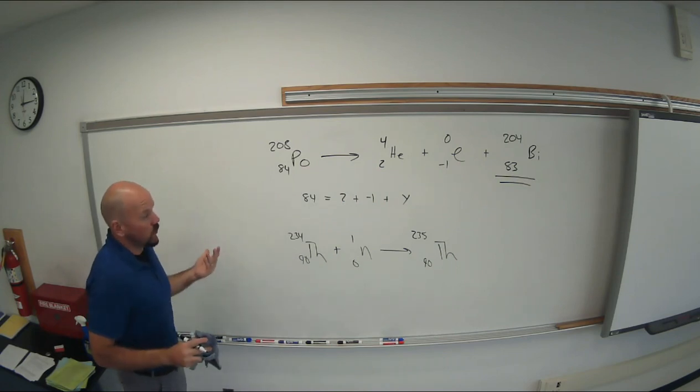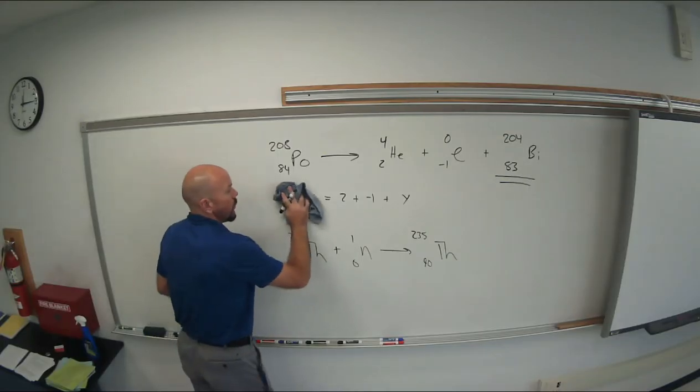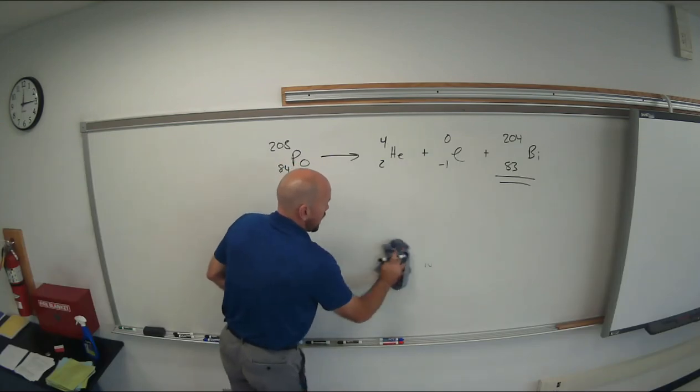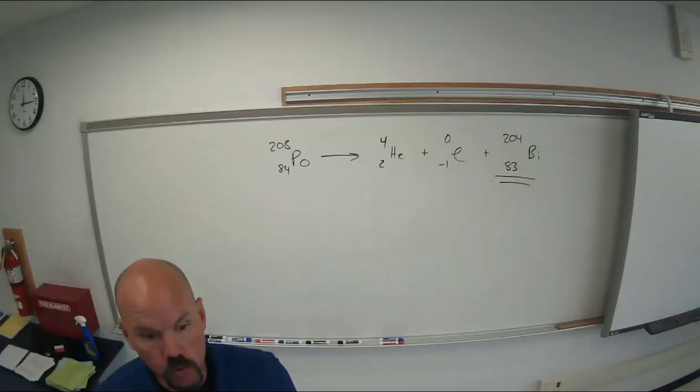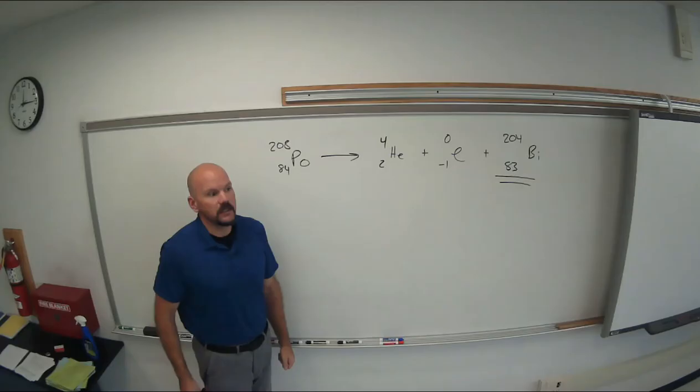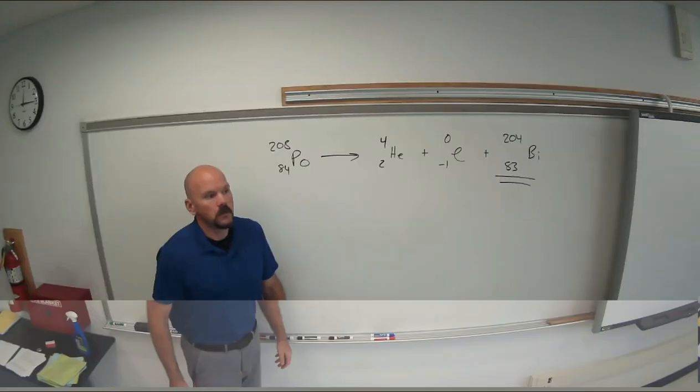Then you could have something where you could have both things. We could say uranium-235 undergoes neutron bombardment, which leads to positron emission, okay?